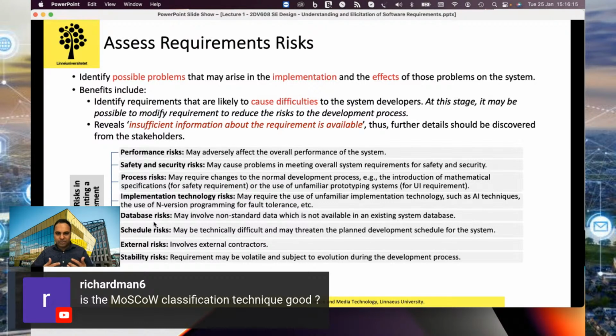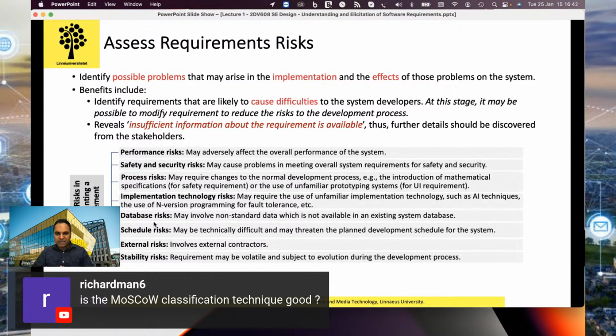So you need to take care either to make that requirement highly stable, or put it in your list of rejected requirements, so that you are not adding risk to your overall product or overall system. So there can be many different types of risk.